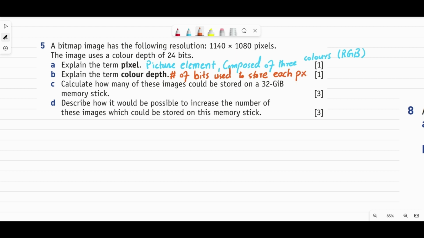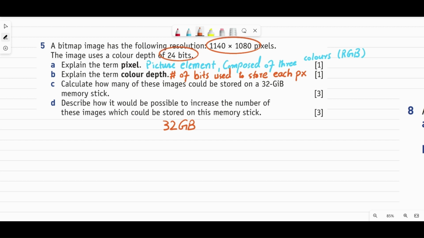Obviously, we write it in full spelling. Each pixel. Then calculate how much of these images could be stored on a 32 GB memory stick. So I see it as 32 GB of cake. A cake of 32 GB. How many cuts of this much size of an image could be made on 32 GB?